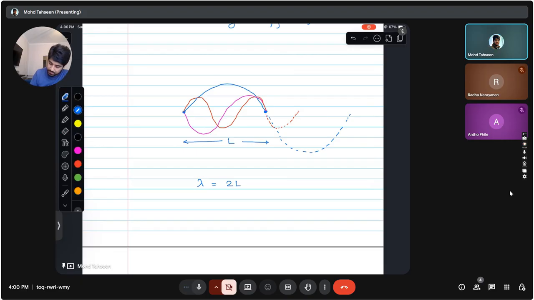In the second case, the wavelength is L. In the third case, this wavelength is 2 by 3L.